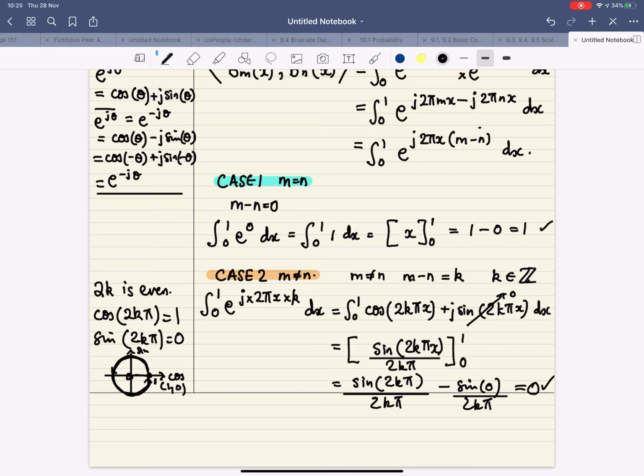Let's summarise it a bit neater, as it's in the solutions here. We can say b_m(x), b_n(x) is equal to 1 if m equals n, naught if m is not equal to n. So we can say, therefore, orthonormal.